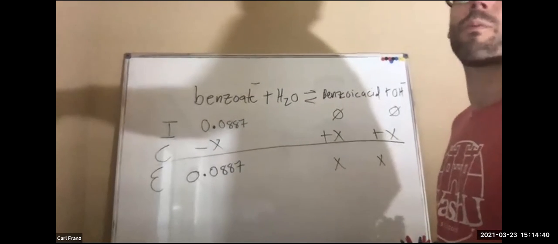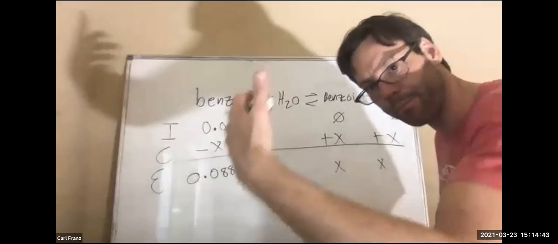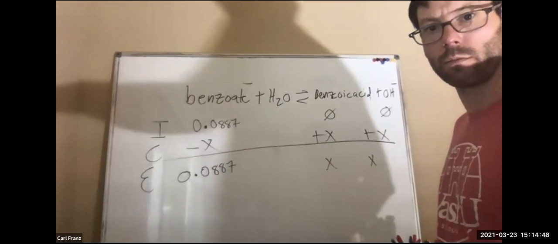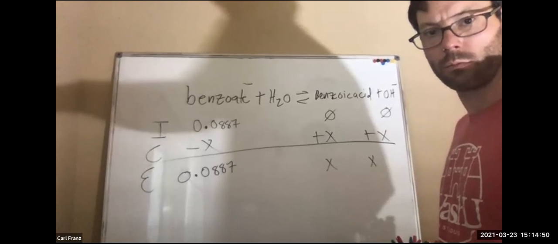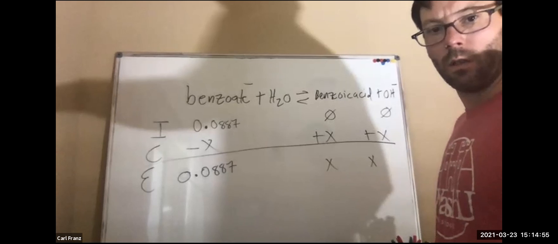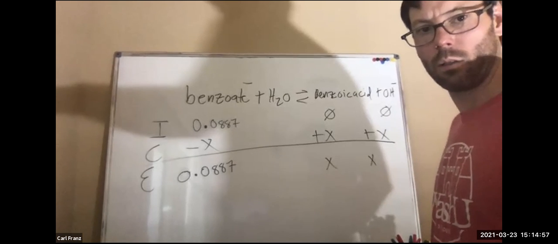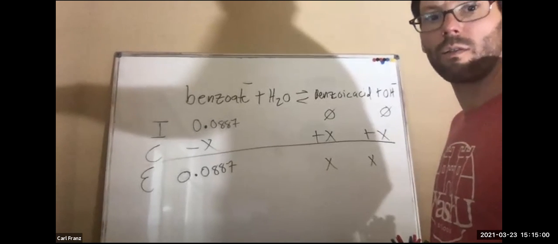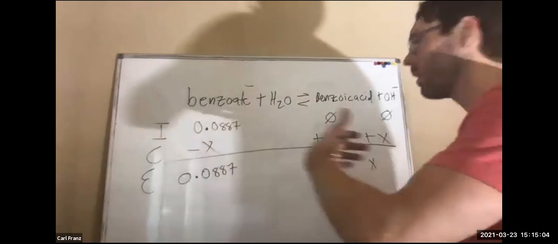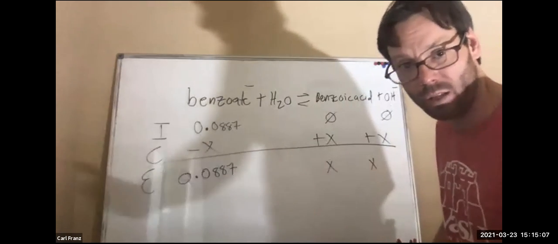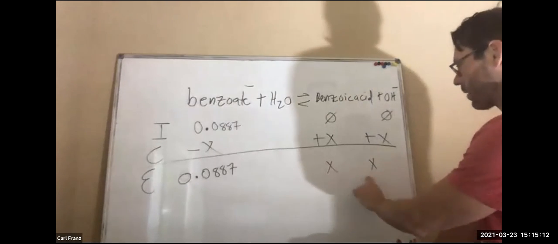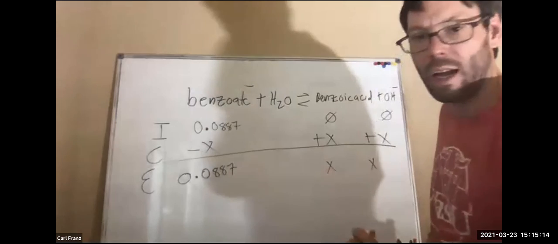You also need to look up the Ka for sodium benzoate. From that, solve for Kb by taking 1.0 times 10 to the negative 14 divided by the Ka for sodium benzoate. Then you set that Kb equal to x squared over 0.0887.